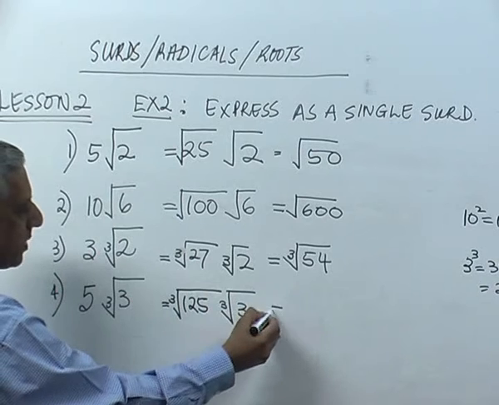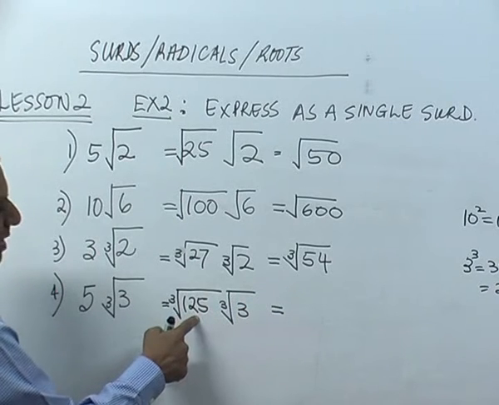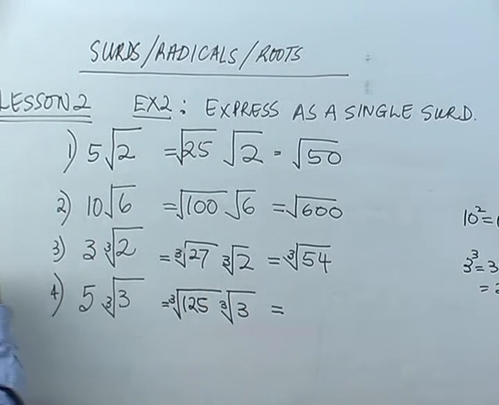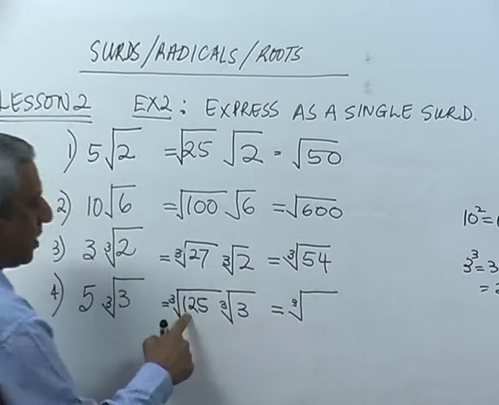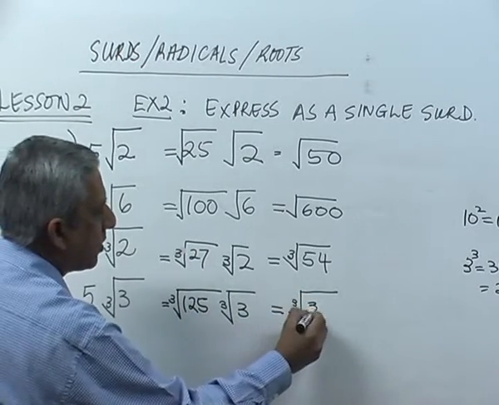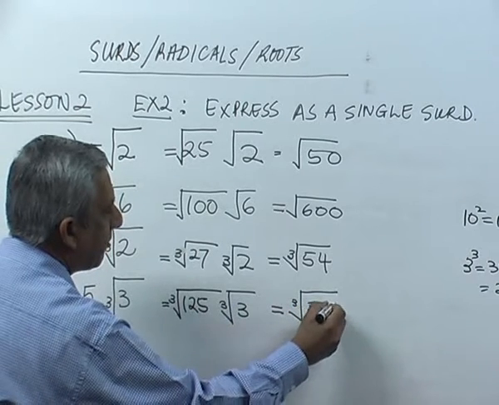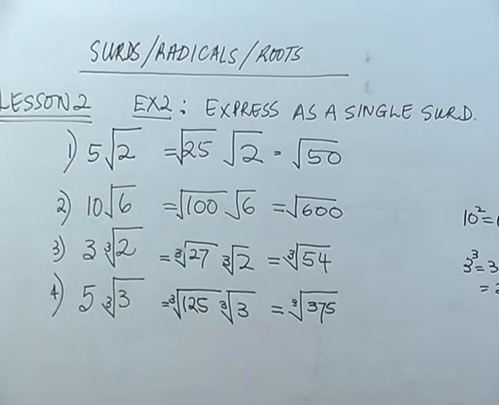And now these two numbers have to be multiplied. 125 times 3, which will give me cube root of 375.